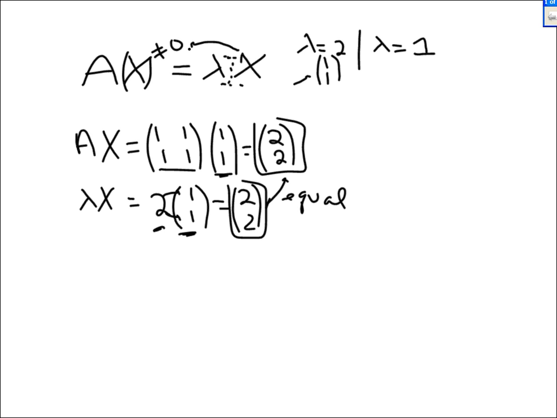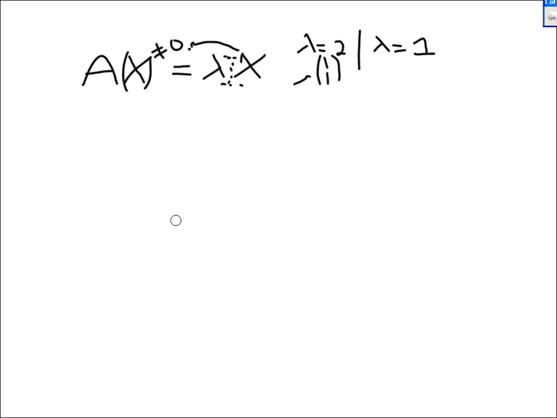Okay, so it checked. Now we're going to assume lambda is 1, and find the eigenvector associated with lambda equals 1. So we want to solve A minus lambda I augmented with the 0 vector.